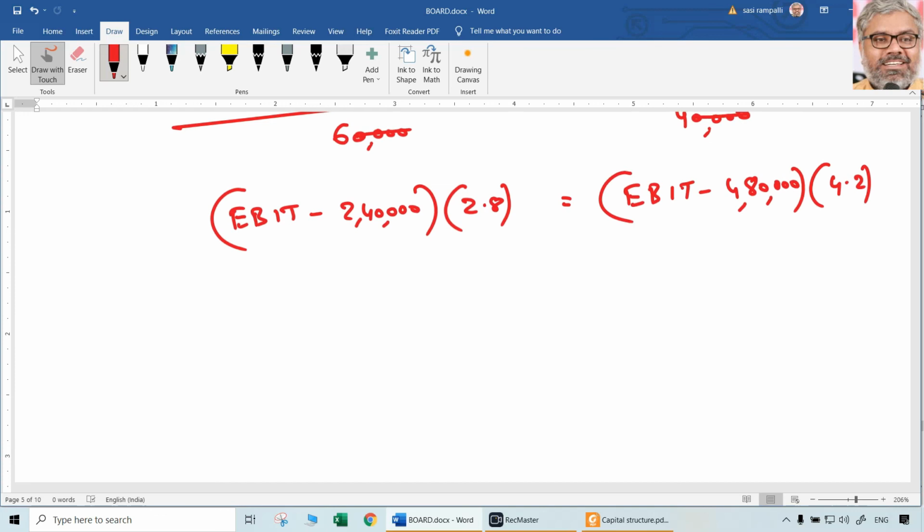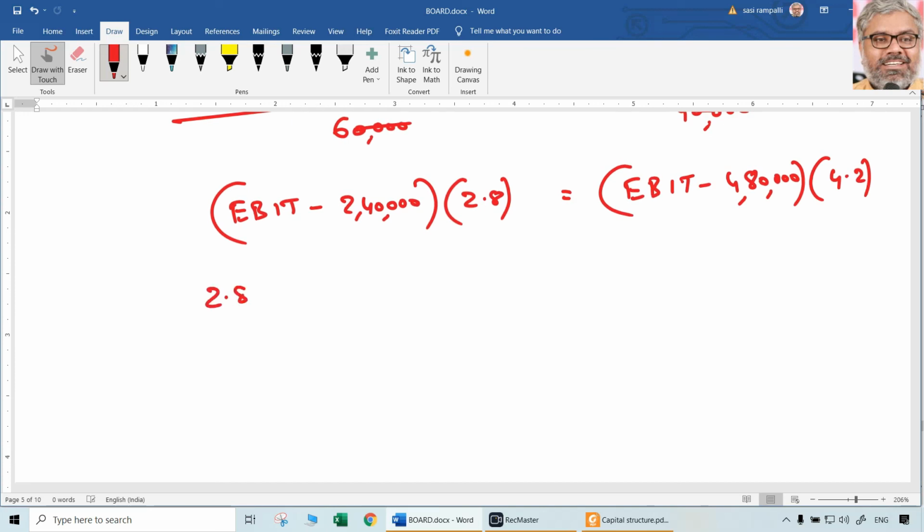Just expand that. 2.8 EBIT minus 240 into 2.8, 6,72,000, is equal to 4.2 EBIT minus 20,16,000.